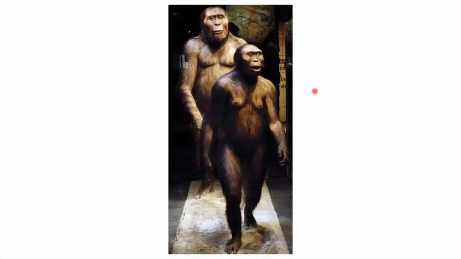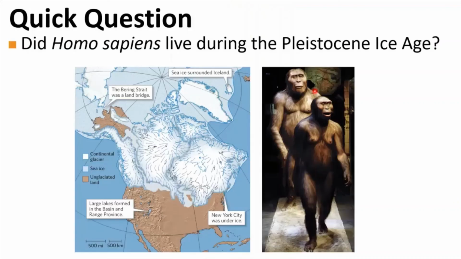This is an image of some hominids. These are our own human lineage that evolved in the Cenozoic. And these are human-like primates such as Australopithecus, which first appeared about 4 million years ago.